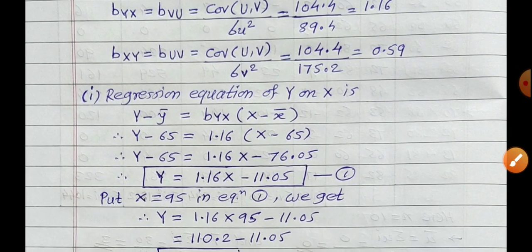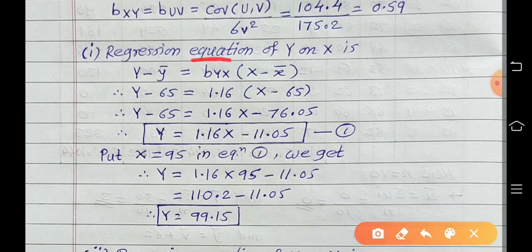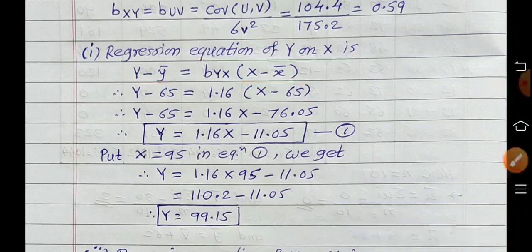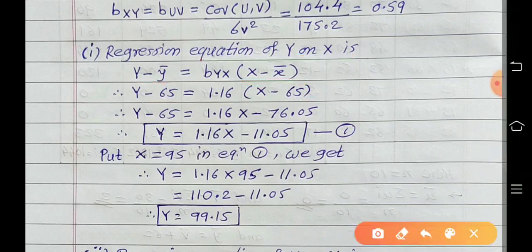And then find out the regression equation of y on x, that is given in the question. So write down y on x. So y minus y bar is equal to byx into x minus x bar. So y bar value is 65, byx value obtained is 1.16, into x minus x bar value is 65.